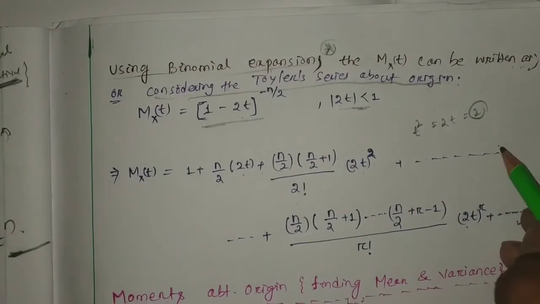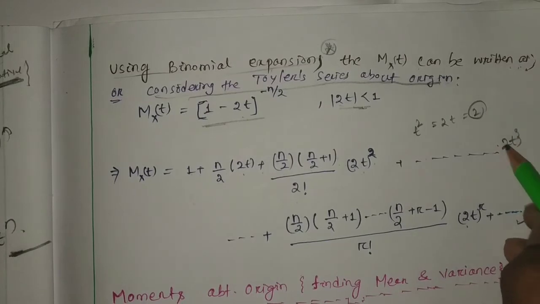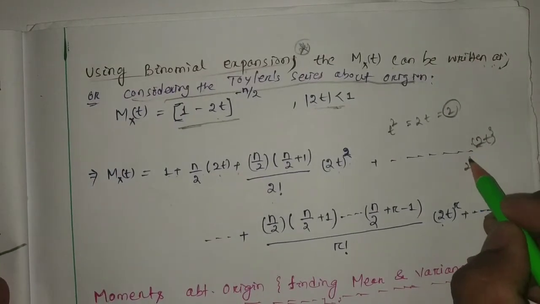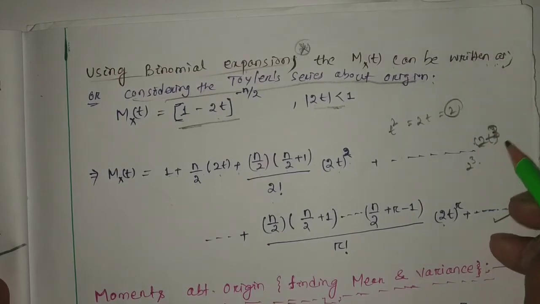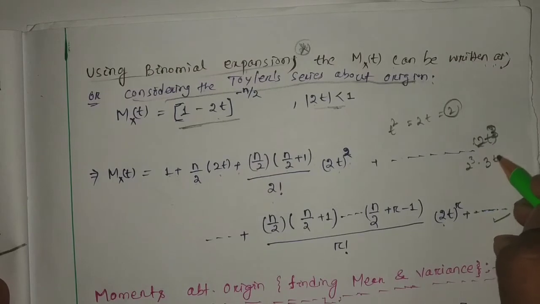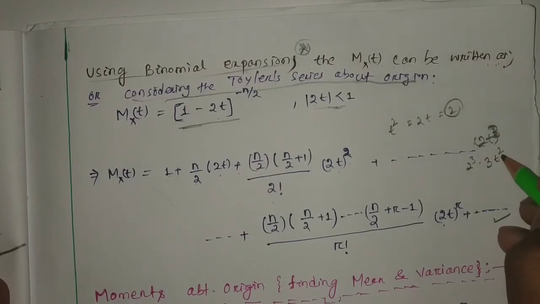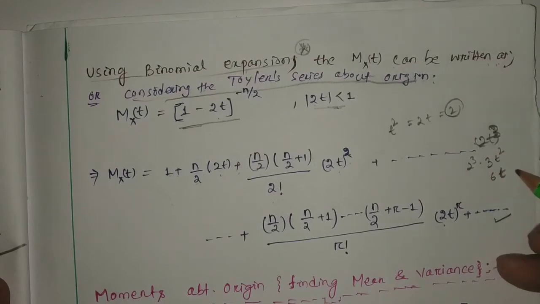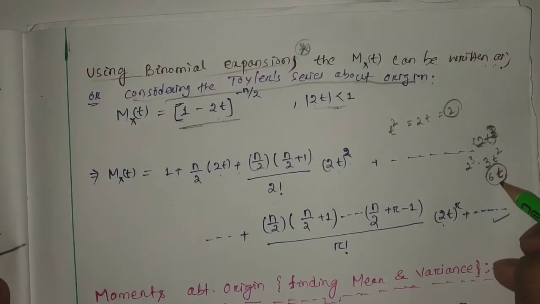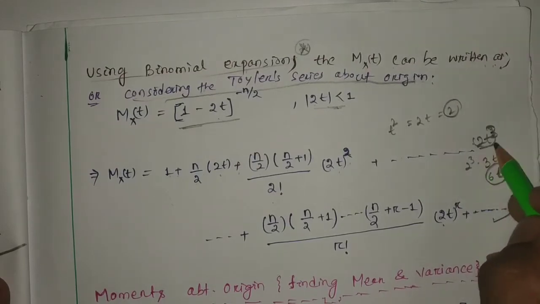And the next term is nothing but your how much? 2 cube, 2 to the power 3 taken outside, t to the power 3. If we consider 2 times derivative with respect to t, first derivative 3t square, second derivative will be 6t. So after 2 times derivative, this cube term also has the t term.